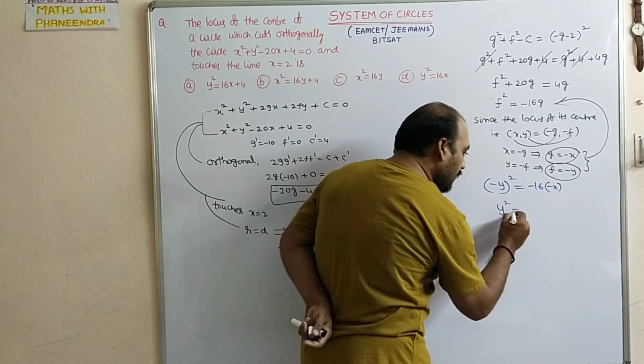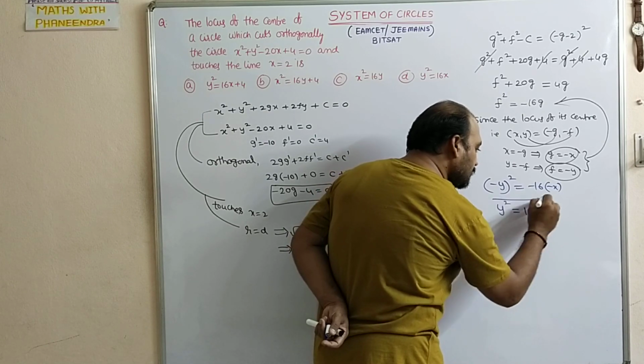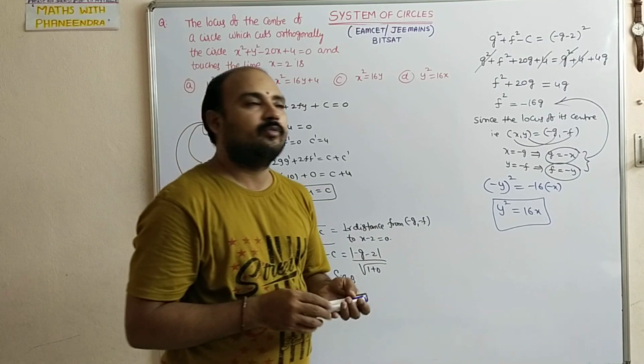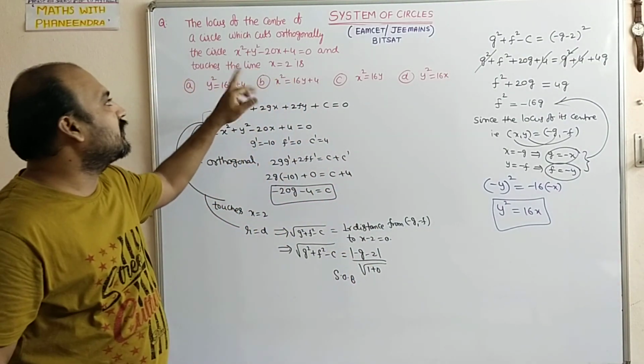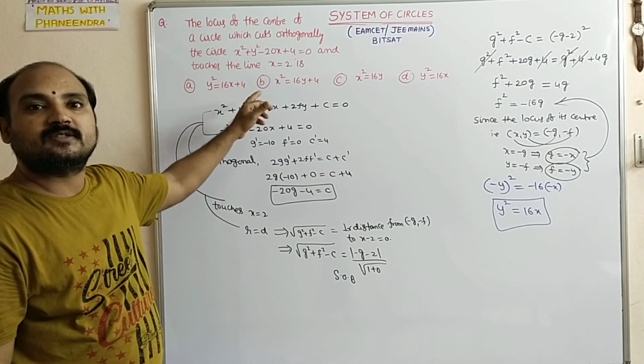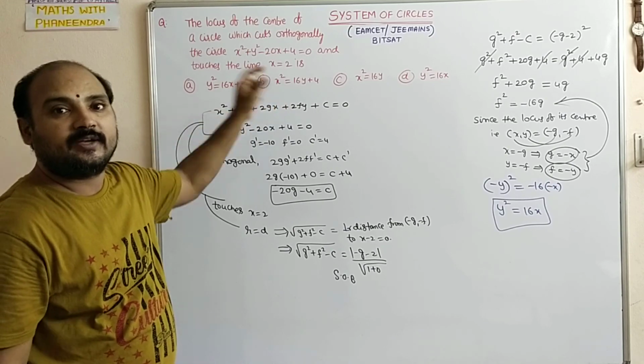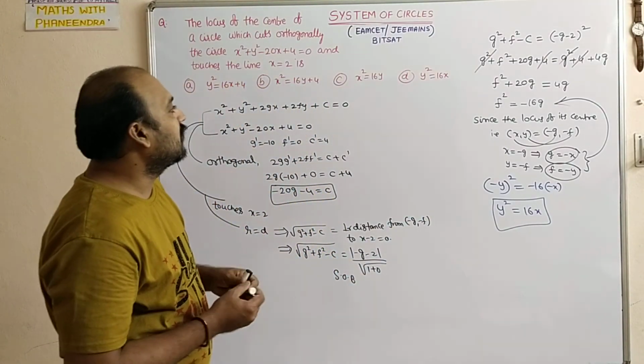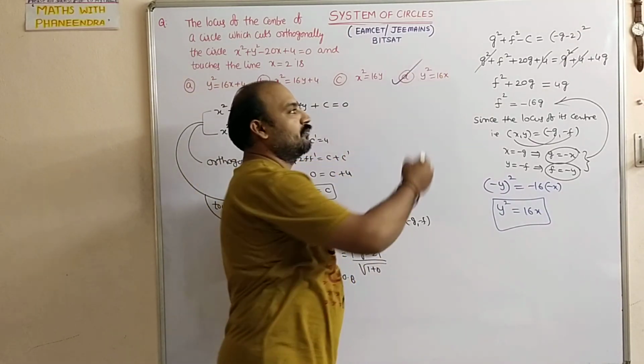So y² = 16x, which is the required locus of the center of the circle which cuts orthogonally the given circle as well as touches the line x = 2. So y² = 16x, which is in the fourth option.